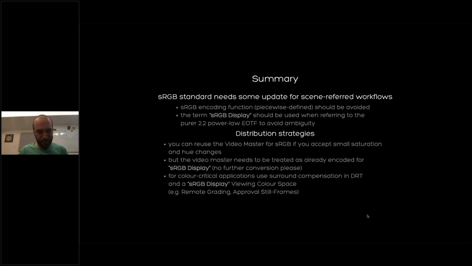And for remote grading, or if you render approvals for still frames, if you use a DRT which has a bright surround compensation like TCAM, you can use the sRGB display viewing color space.